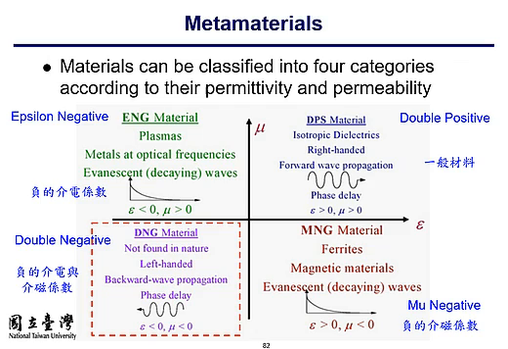All right. Which means that you can have an effective permittivity and effective permeability that are smaller than 0.